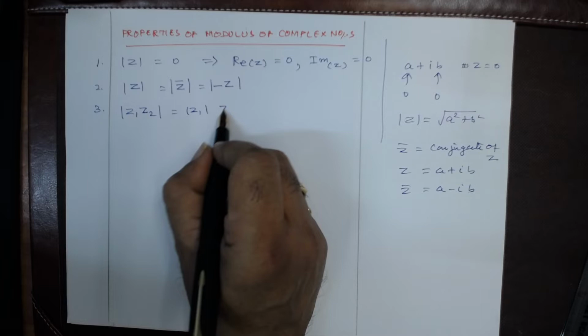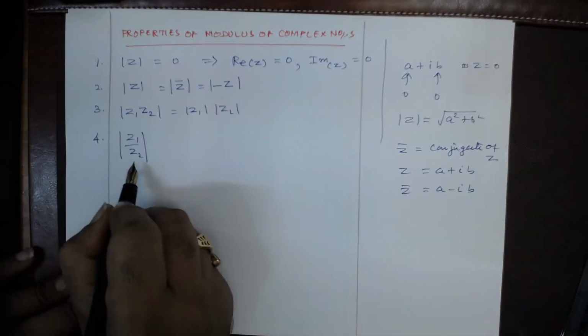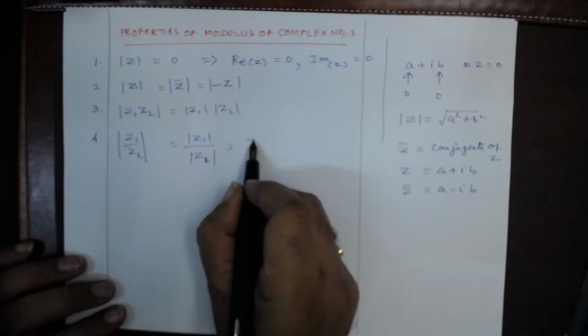Fourth one, modulus of z1 by z2 is equal to the ratio between the modulus of z1 and the modulus of z2, where z2 is not equal to 0.